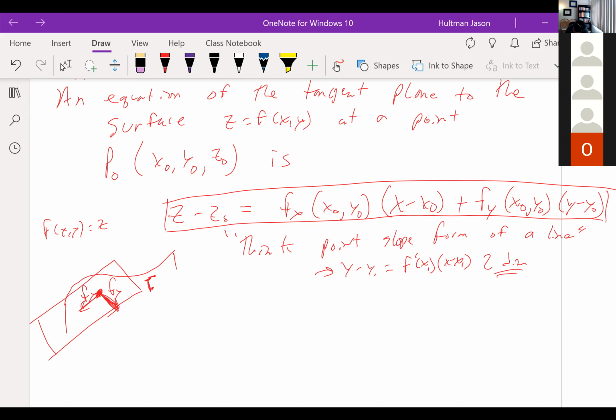Well, again, it's hard to draw, but you get the idea. I'm not going to spend a lot of time on it, but if I were to move from point to point, I would have a net change in the x direction, and I'd have a net change in the y direction. And so that's the slope of the tangent plane.